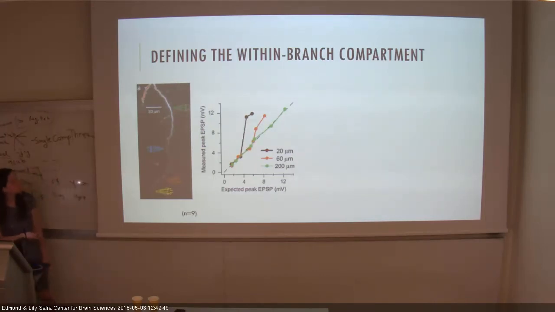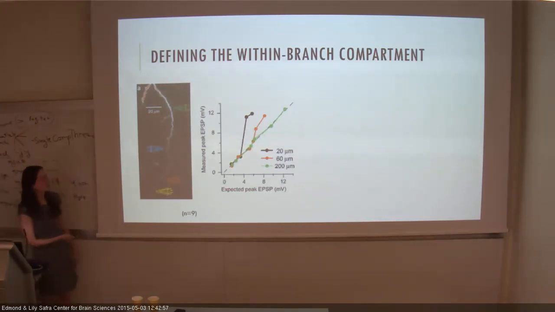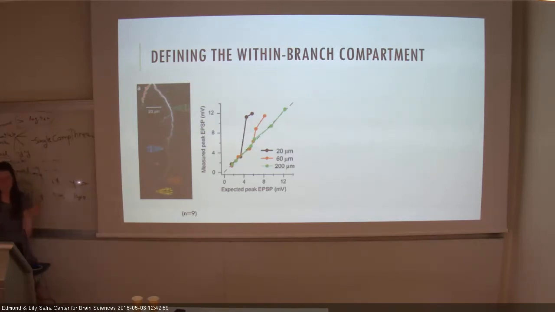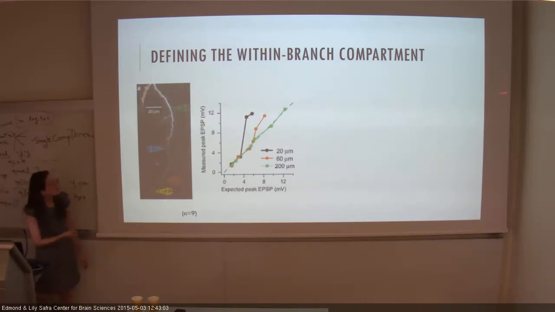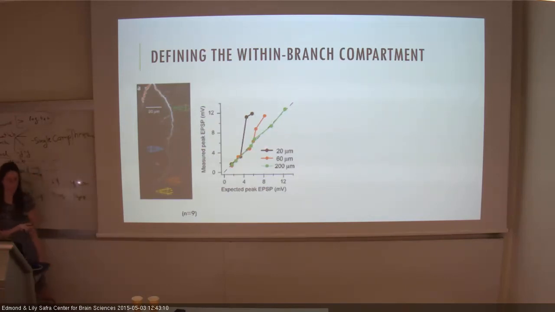However, when the distance is really large, at 200 microns, it becomes basically linear, as if it's from totally different compartments, what I would expect had I stimulated the cell at completely different branches. And in the middle, they chose to show the 60 micron distance, and it seems as if there's slight superlinearity in this range.